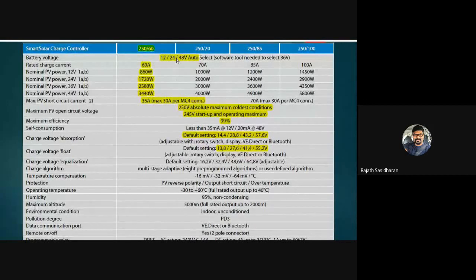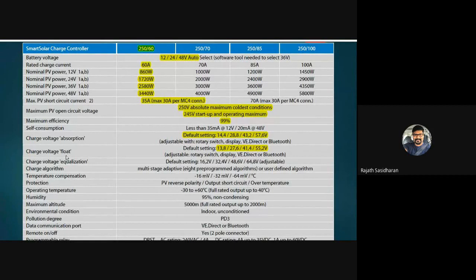This is for the battery voltage side, and you can see the nominal power of PV. If you have a 48 volt system, then this particular charge controller can go up to 3440 watts, right? But if you have a 12 volt system, then it is 860 watts. So these are the ranges that come here.